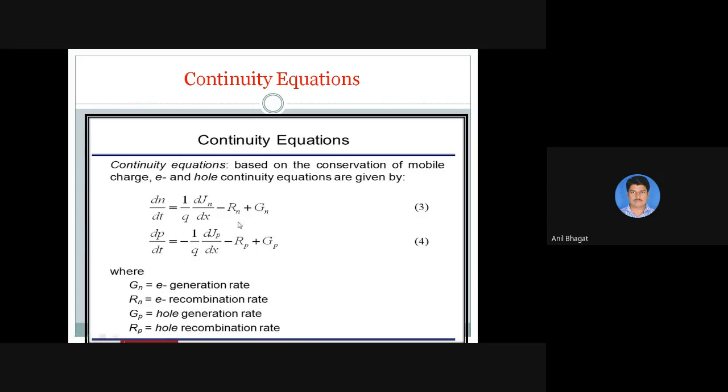The recombination rate plus generation rate is nothing but the continuity equation.